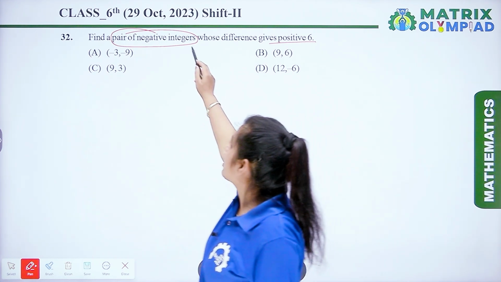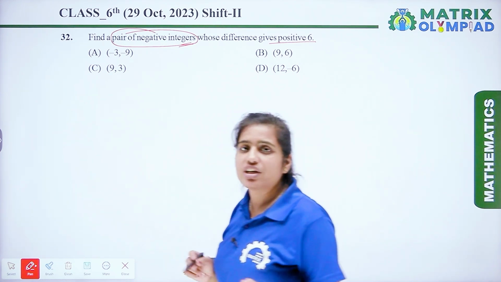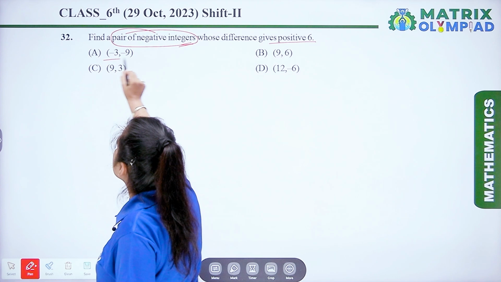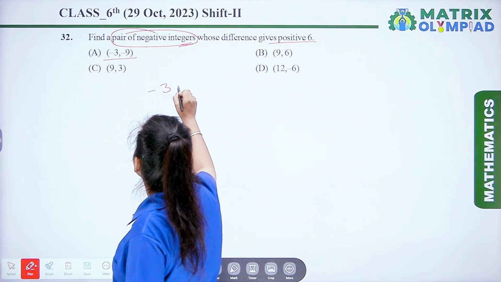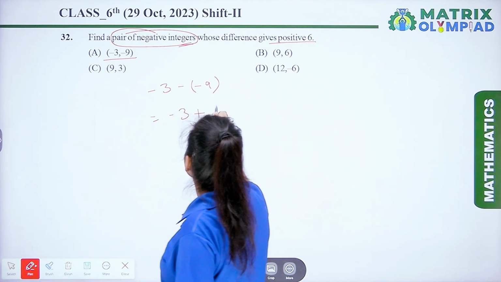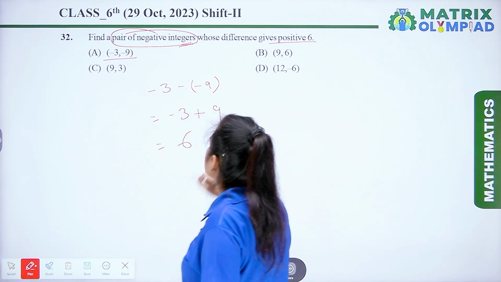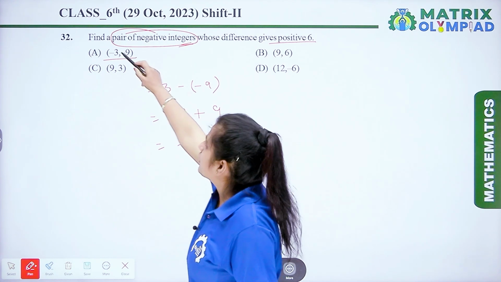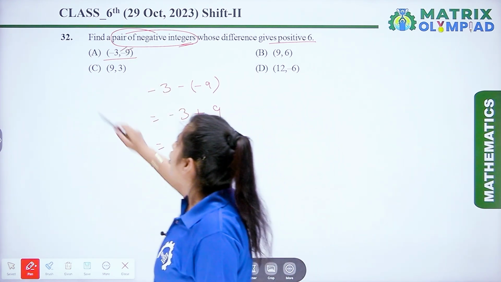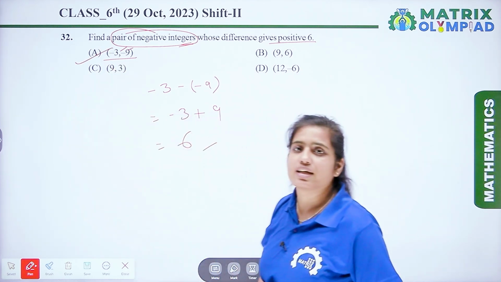So we can easily identify that option A is -3 and -9. Let's find out the difference. So here it is +6 and these two numbers are in the negative form also. So here option A is the correct answer.